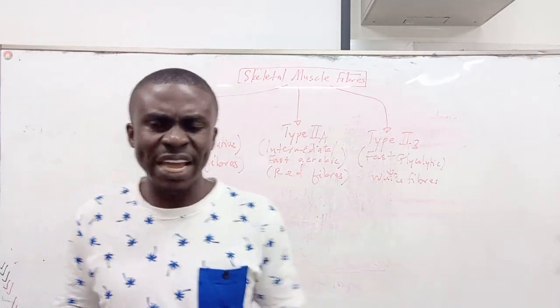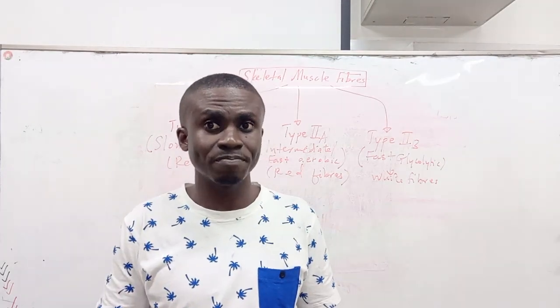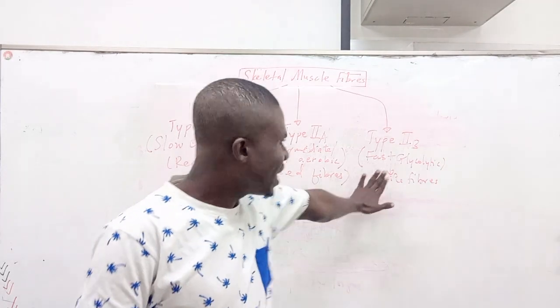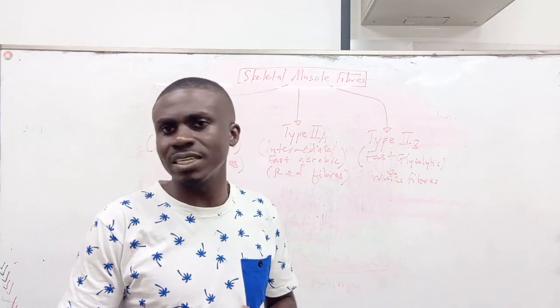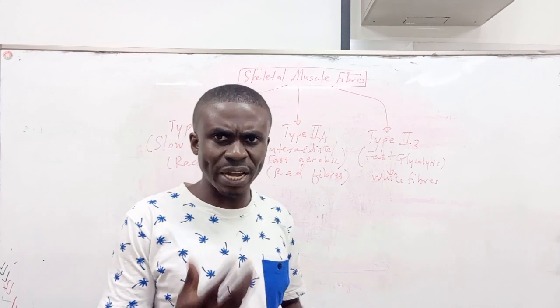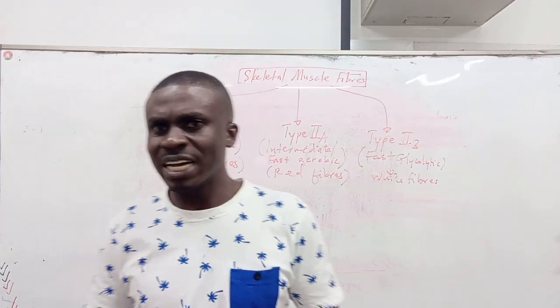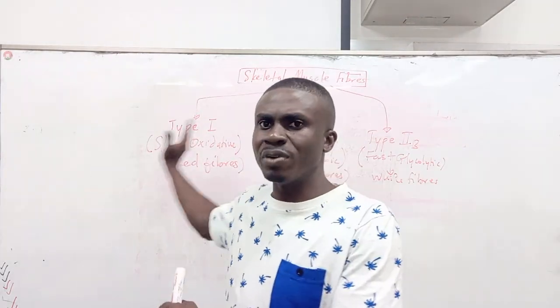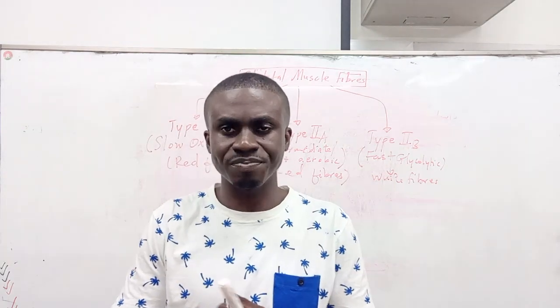They undergo a lot of anaerobic glycolysis. And you know anaerobic glycolysis is going to produce a lot of lactic acid. So they are less resistant to fatigue. But their speed of contraction is very high. Fewer myoglobin, of course, fewer blood vessels. That's why they will appear white. But by and large, what I'm trying to say is that in every muscle everywhere, there will be varying proportions of all these fibers we are talking about.